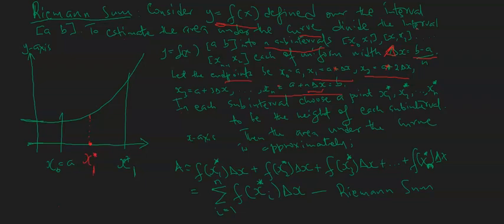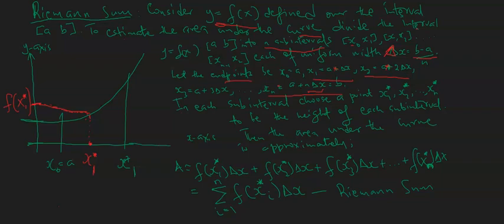We are saying it's the height because we are dealing with y as a function of x, so the height of this particular one will be f of x star 1, and recall that the next one will be f of x star 2.